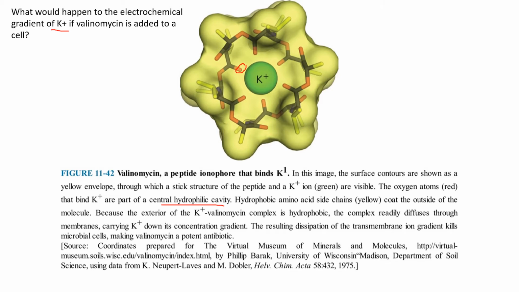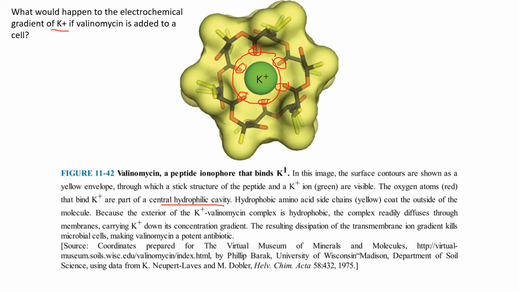So these are the oxygen atoms. And so you know they're a little bit negative, and then the potassium is positive. So they want to interact with each other. And this is your hydrophilic cavity.